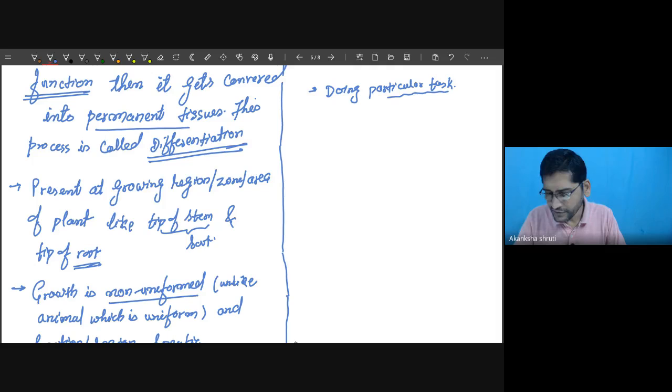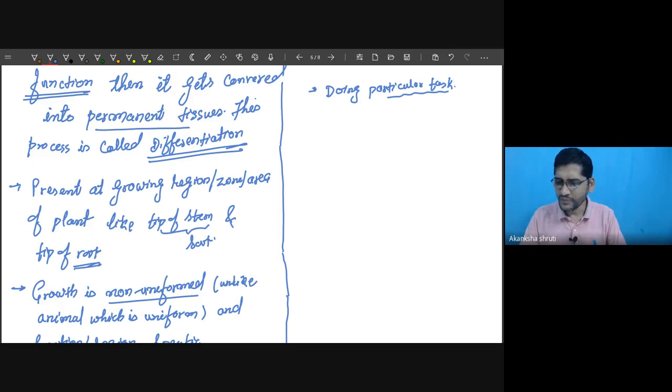Like for food preparation or photosynthesis, what is there? Tell me quickly. Yes, students. Chlorenchyma, a type of parenchyma. For buoyancy, it is aerenchyma. So all these are parenchyma.